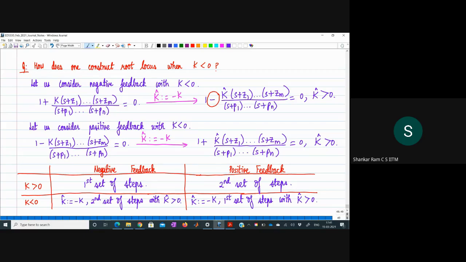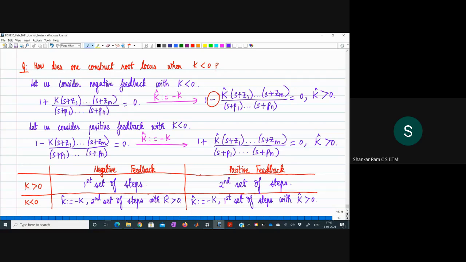So this is a grid so that we can plot the root locus for the entire range of k. Let's say someone asks us to plot the root locus for all values of k going from, let's say, minus infinity to plus infinity.